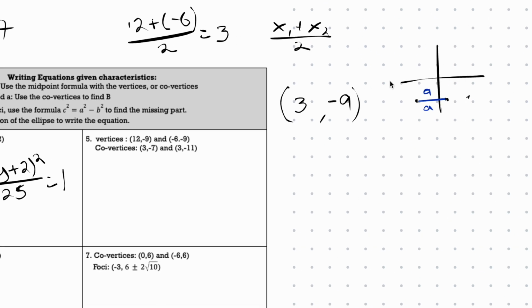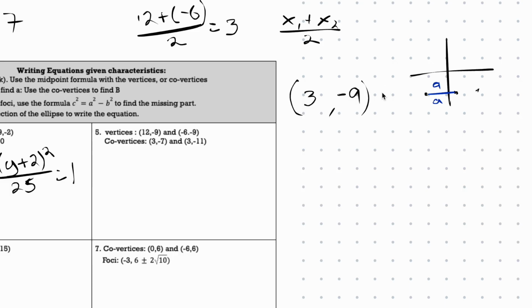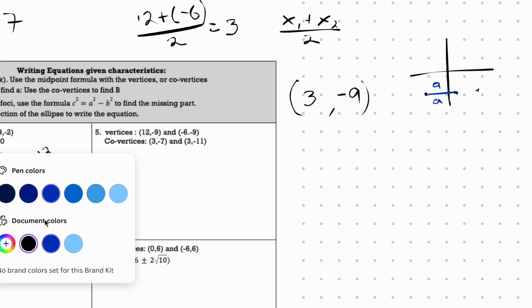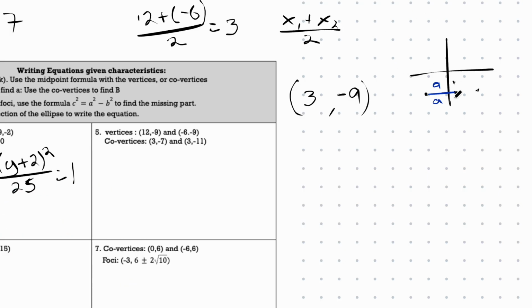Now what we'd want to do is find the distance between 3, -9 and 3, -7, or 3, -11. And that's relatively simple, right? That's just 2 up and 2 down. It's going to look something like that. We can draw our ellipse.